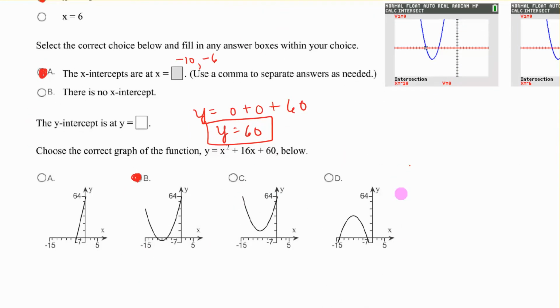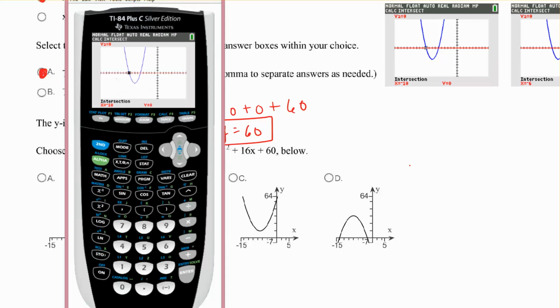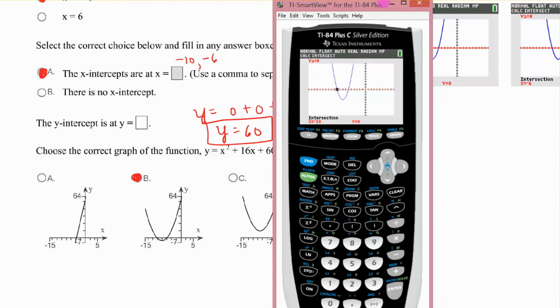And then we're asked to choose the correct graph, and we've got that. Even though that looks a little different, if I changed the window in my calculator to match that window, the x-min is -15, and the x-max is 5, and y-min is maybe -7, and y-max is 64.